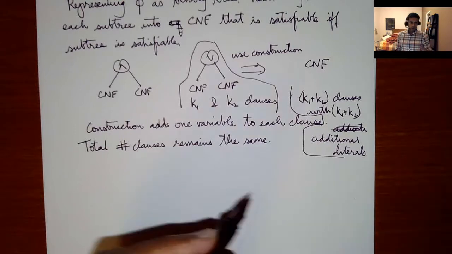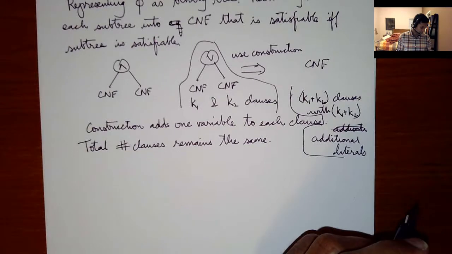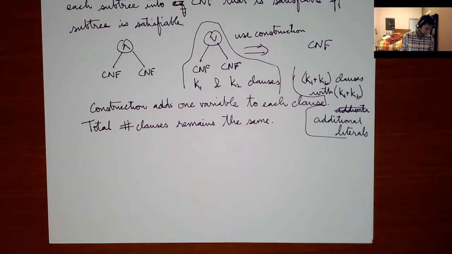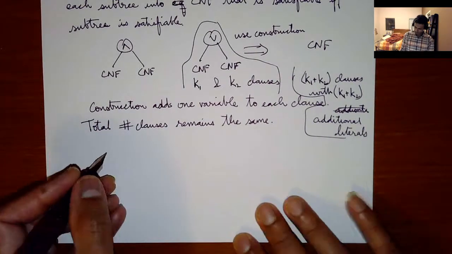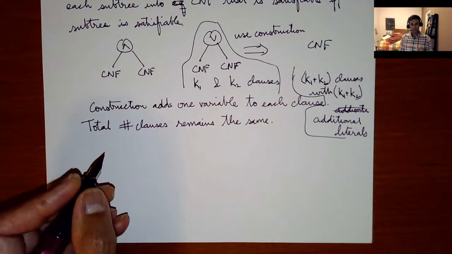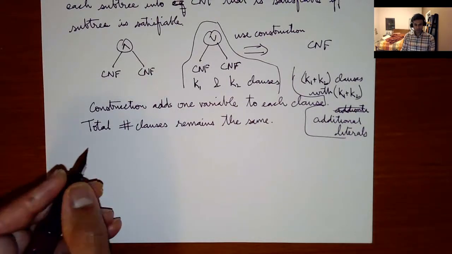So if you go through the calculation, I think the best way to describe this is to keep track of the extra clauses, the extra literals that are going to be added.